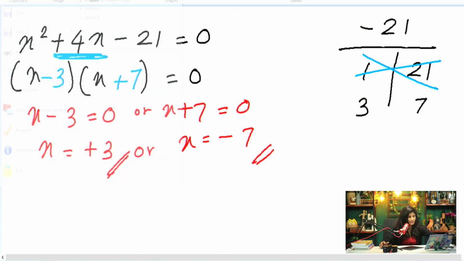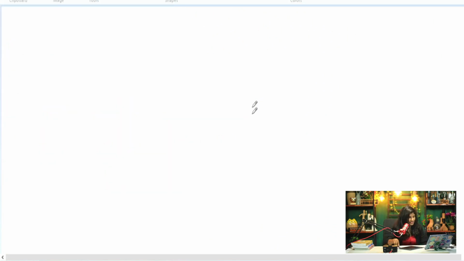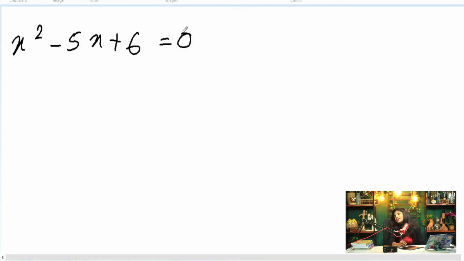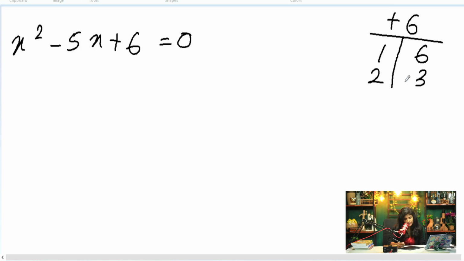So my question is x square minus 5x plus 6 equals 0. Now this is a little bit different than the previous videos. We have a positive number as the last number, that means positive 6, so 1 times 6 or 2 times 3.